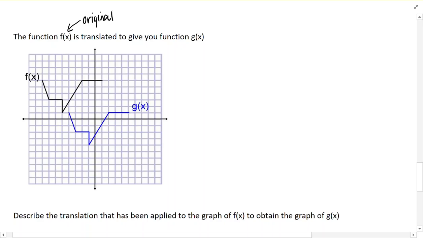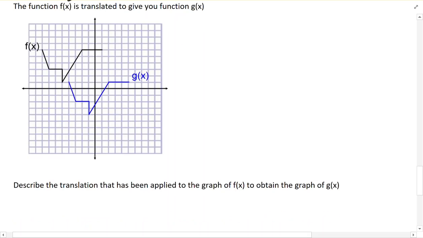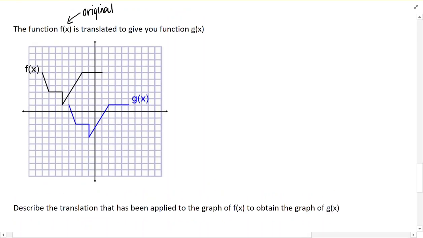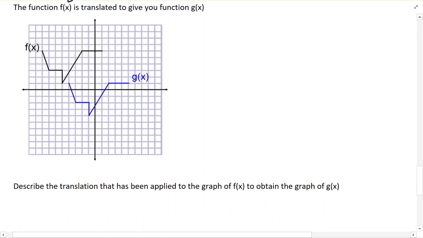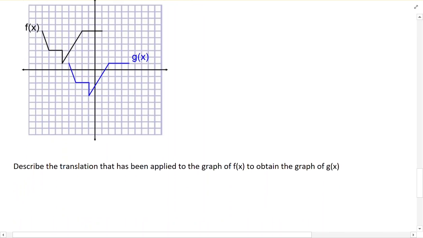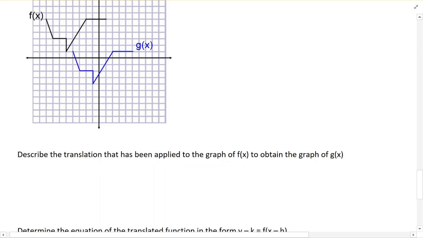Now we need to figure out what kind of translations, and then we'll put it into a function. From our picture here, we're going to describe the translation that has been applied to the graph of f of x to obtain g of x.